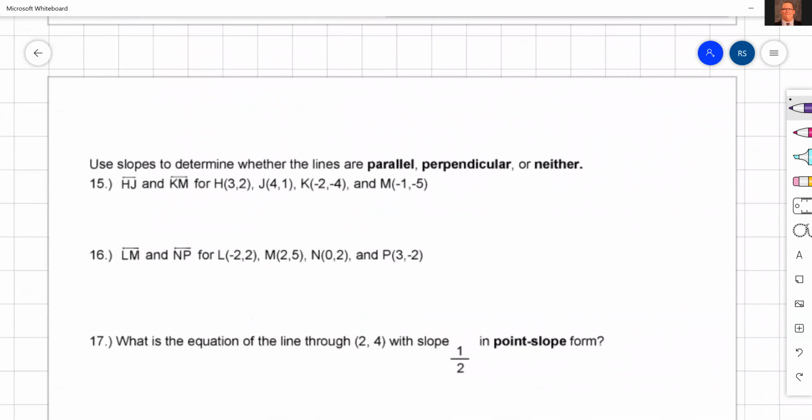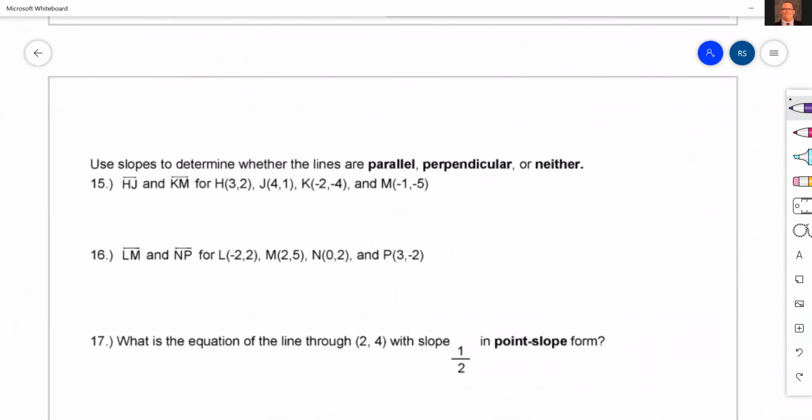Okay, next one. Now we're going to get more practice with slope, but in particular, we're going to get practice with the slope formula. Because we have to find slope to determine whether these are parallel, which remember that means they have the same slope.